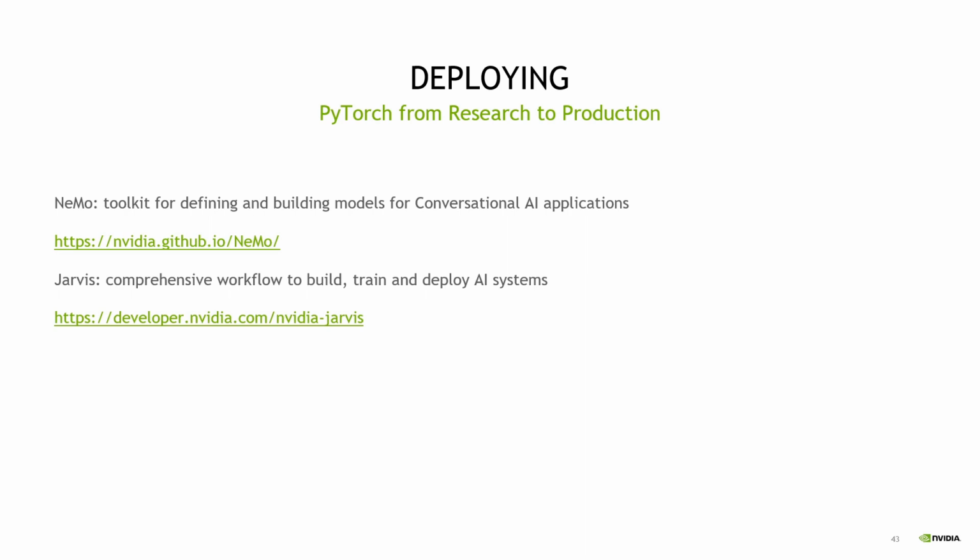The other one is Jarvis. It is an SDK for building and deploying AI applications that fuse vision, speech, and other sensors. It offers a complete workflow to build, train, and deploy GPU-accelerated AI systems that can use visual cues such as gestures and gaze along with speech in context.